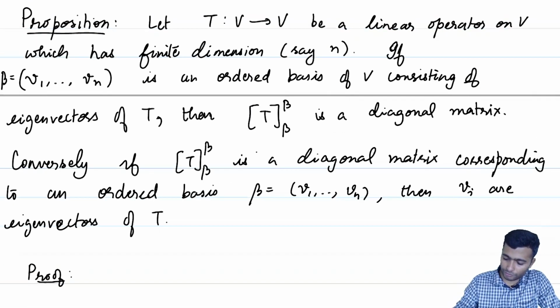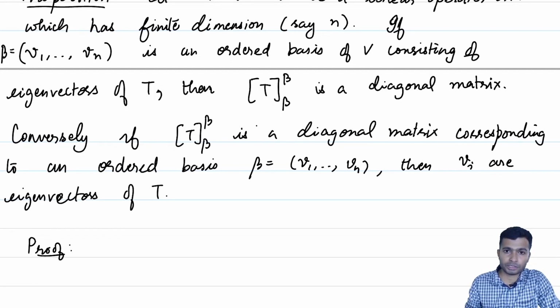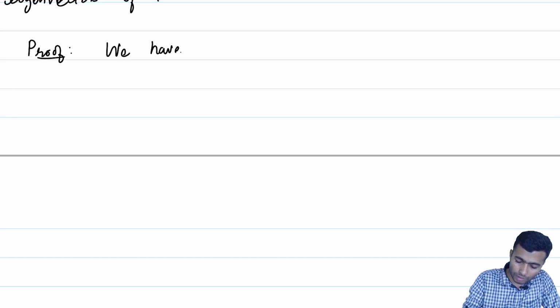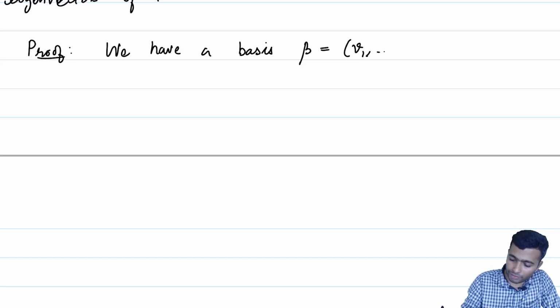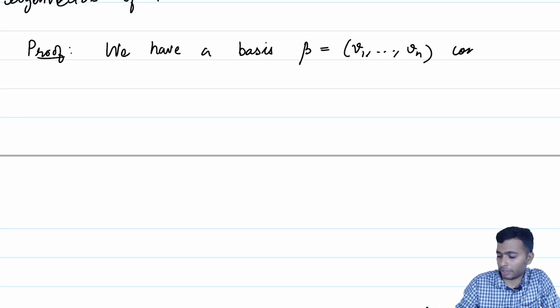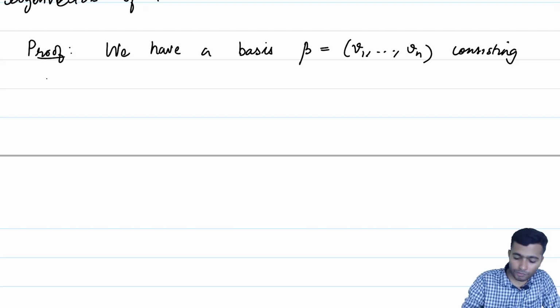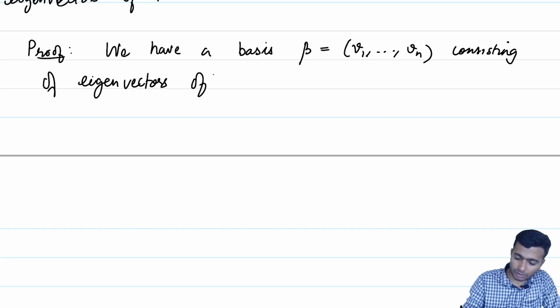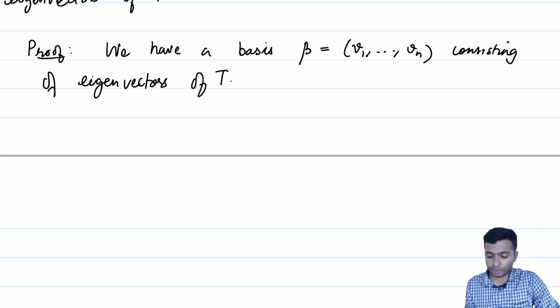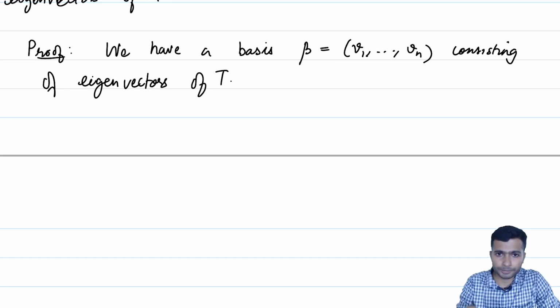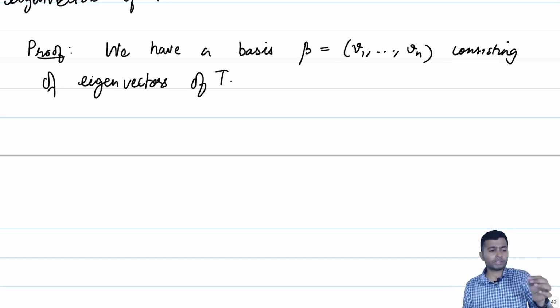So, let us see what the first statement says. This first statement says that we have a basis consisting of eigenvectors of V. So, given a basis beta, which is say V1 to Vn, consisting of eigenvectors of T. Let us see what is the matrix of T with respect to beta, but to do that we have to look at what is T of Vj.